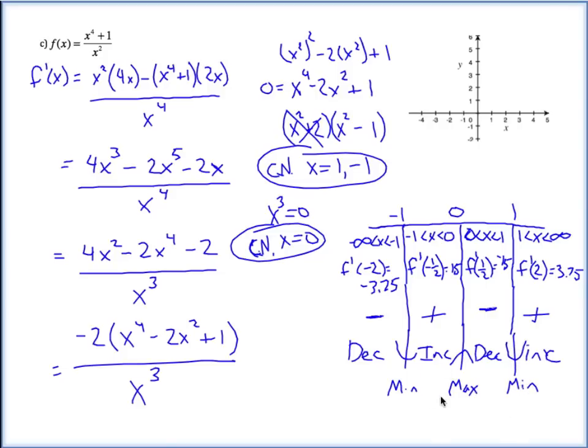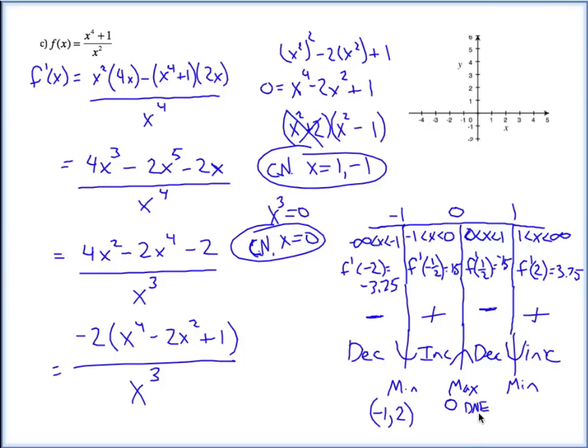So let's go ahead and find those values here. So if I plug negative 1 into my original function, I get negative 1 to the 4th, which is 1, plus 1 is 2, over 1 squared, so that's negative 1 comma 2. If I plug 0 in, I get 0 to the 4th plus 1, that's 1, over 0 squared is 0. What happens? If you plug 0 in, we get a does not exist.